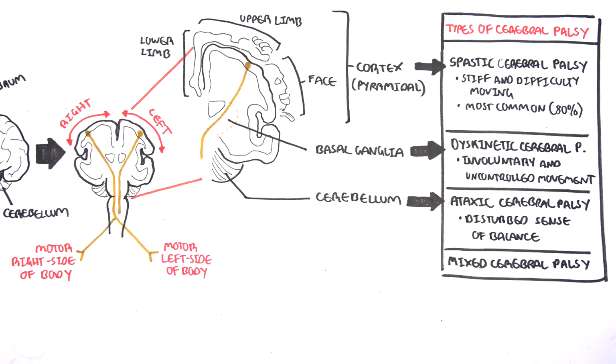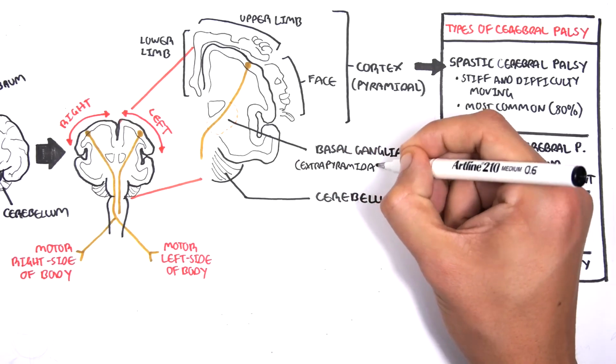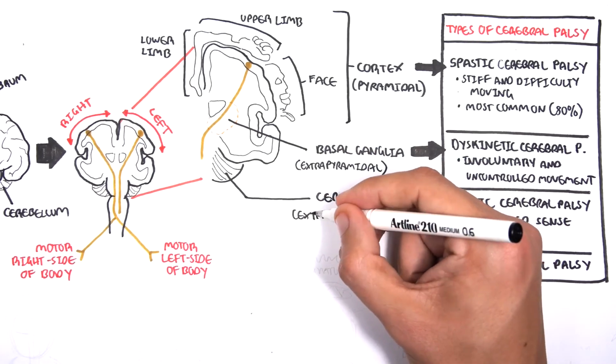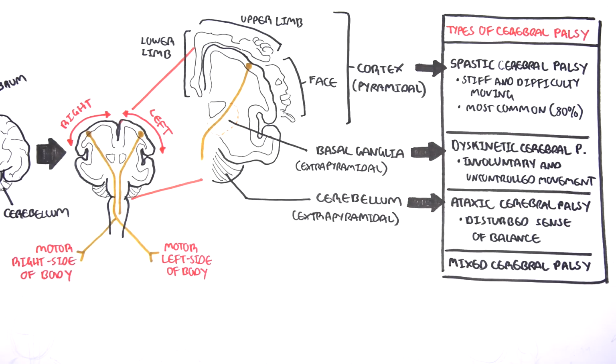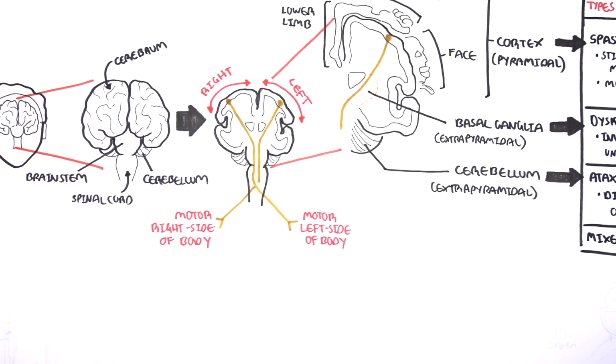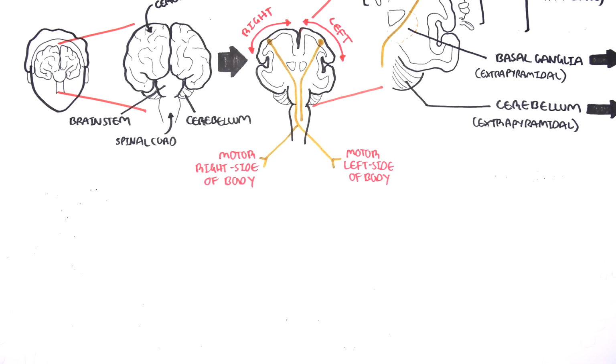While the cortex is part of the pyramidal group, the basal ganglia and cerebellum, as I mentioned, are not part of conscious control, and so they are the extrapyramidal group. Pyramidal cerebral palsy involves voluntary motor neurons. Extrapyramidal cerebral palsy involves involuntary motor neurons.